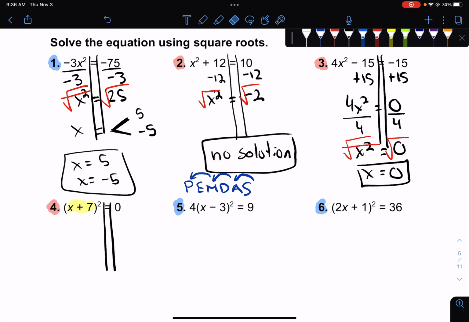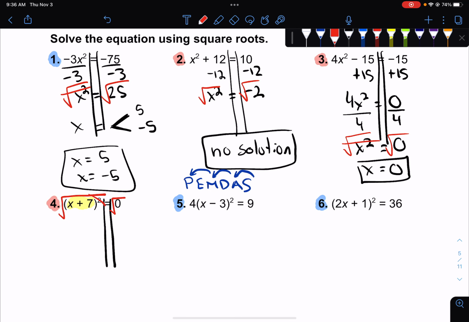So for number 4, the first thing I'm going to do is take the square root because I've got to get rid of that square. So that means I'm going to square root the right-hand side. So on the right-hand side, square root of 0, that's easy, that's 0. On the left-hand side, the square goes away, so all I'm left with is my x plus 7. I don't need those parentheses anymore because everything on the outside is gone.